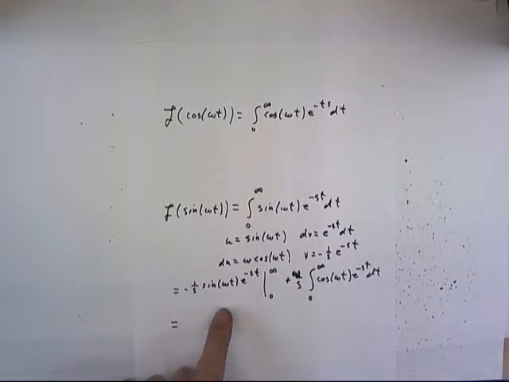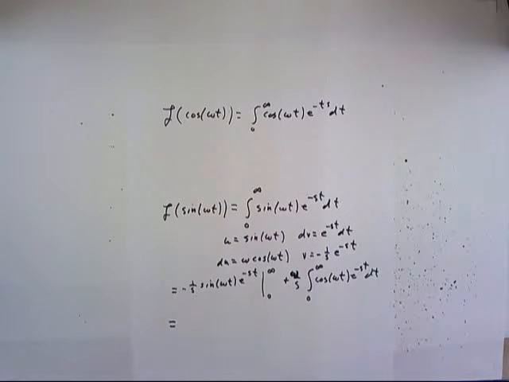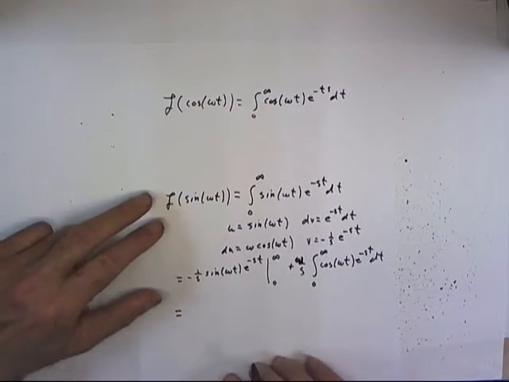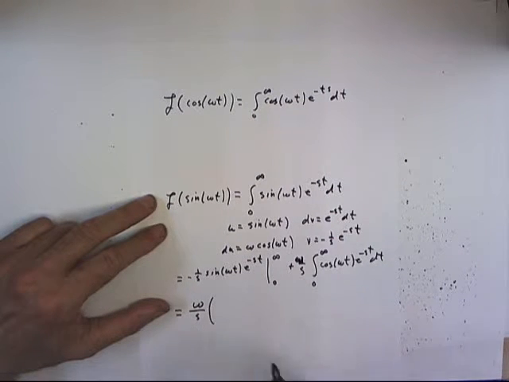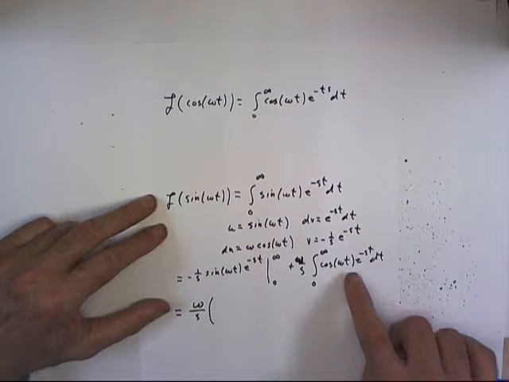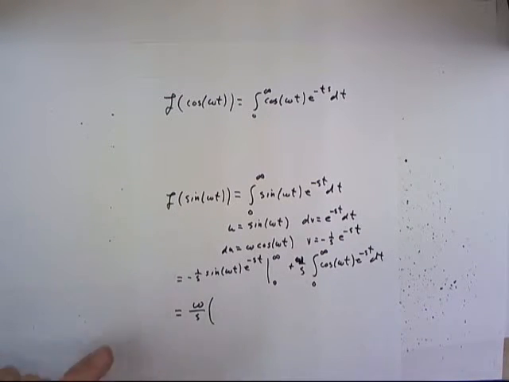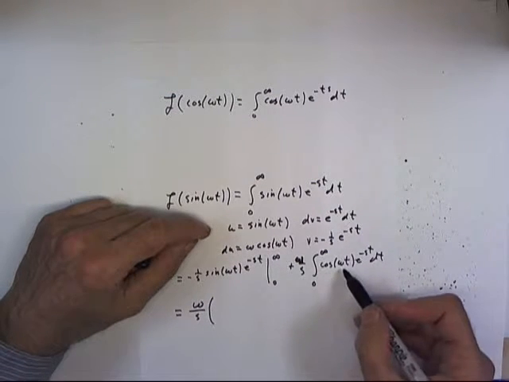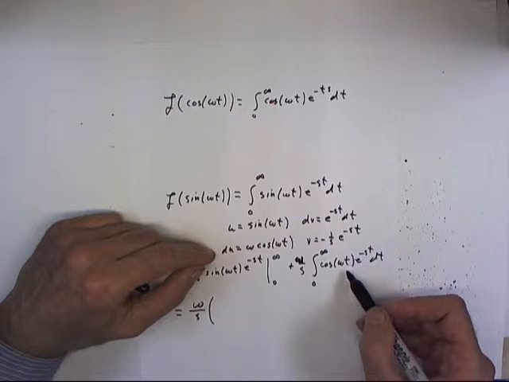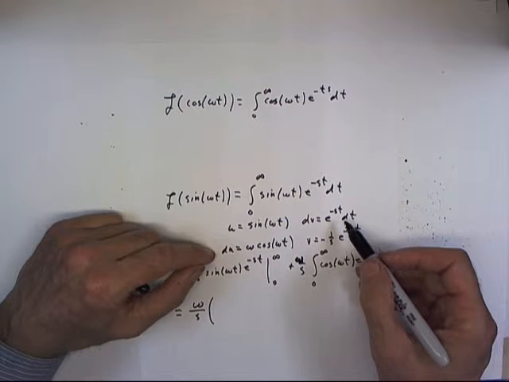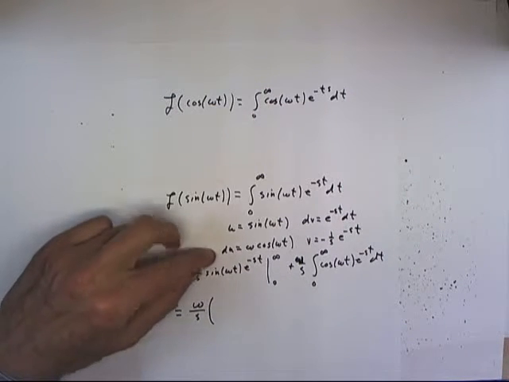Now, of course, this first part equals 0. We got the omega over s. Let me write it out decently this time. We're going to make the same kind of breakdown. Our u is going to equal the cosine of omega t. Our du will be negative omega times the sine of omega t. Our dv and v will be identical.